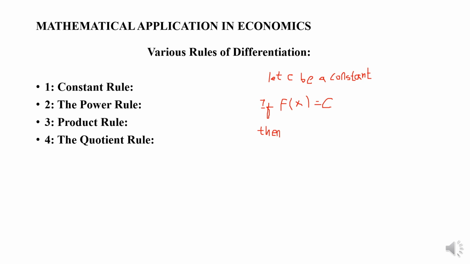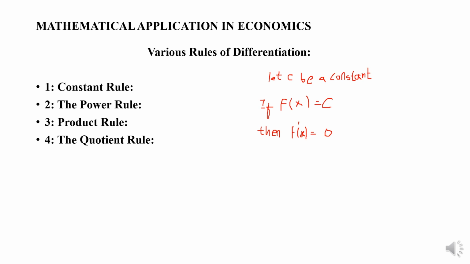We will write it as f dash of x, which is the derivative or the differentiation of the constant. When we apply the differentiation on a constant number, the result will be 0.